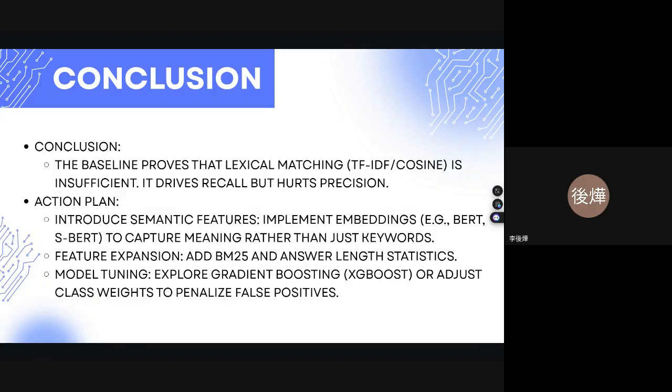This will allow the model to judge relevance based on meaning rather than just appearance. We expect this to significantly reduce the false positives seen in the case study and improve our precision. I'm moving the presentation to the next speaker.